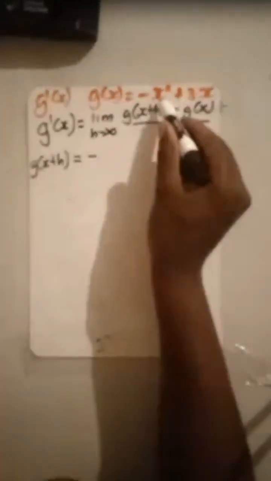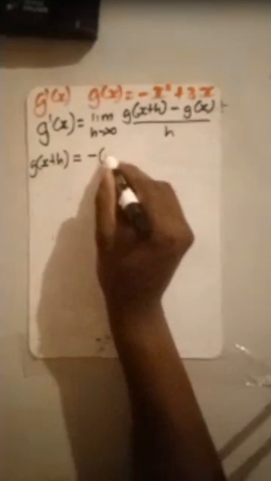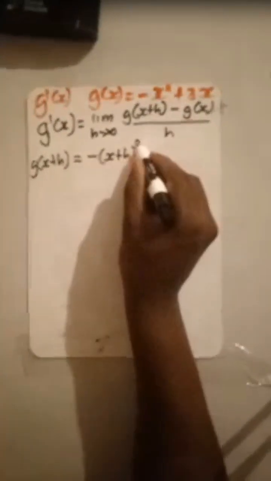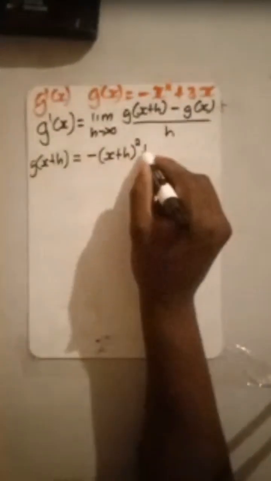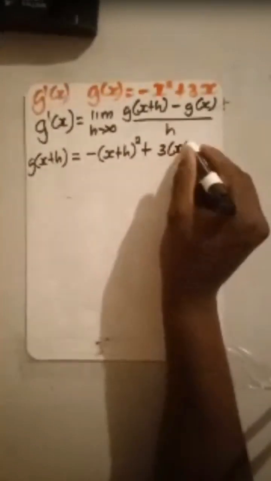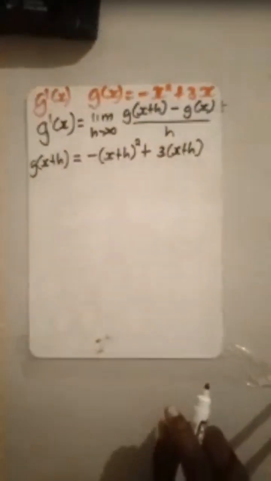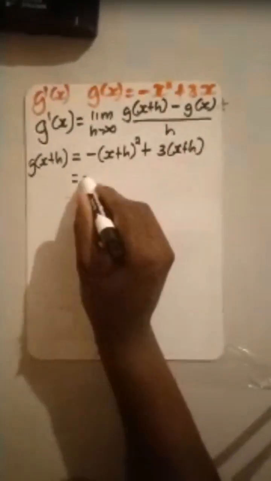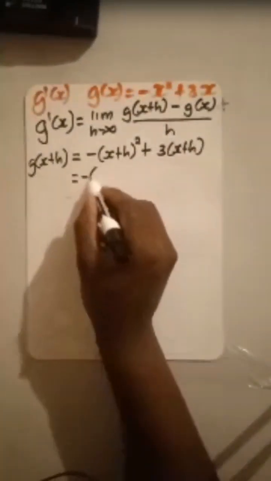Where you see x, you are going to substitute by what? x plus h squared plus 3, where I see x, I substitute by x plus h. Remember the expansion that I told you when you are squaring a binomial. Don't forget this negative outside there, and the bracket means a negative is multiplying everything there.